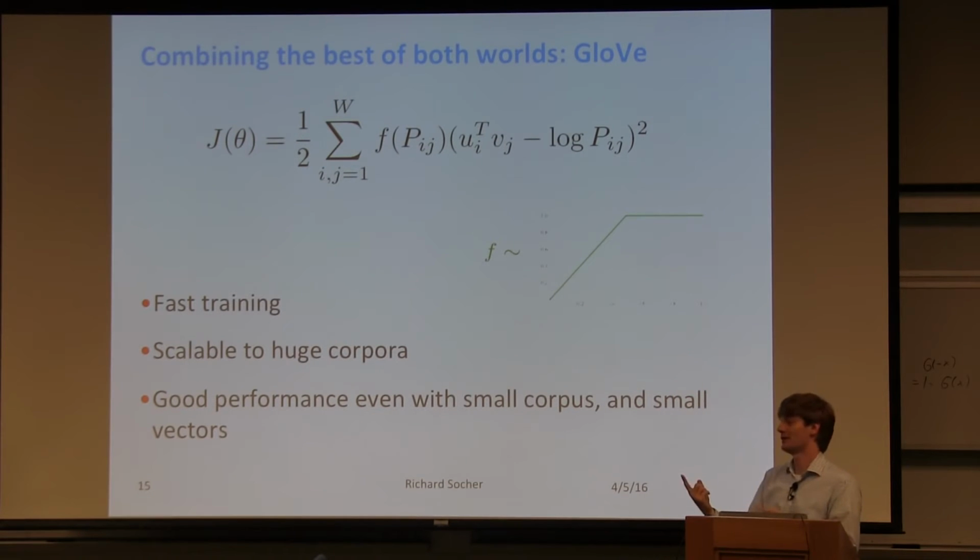In this model, you have to do that only once, because you already collected all the counts, and you're just going to minimize basically the distance between the inner product and some transformation of those co-occurrence counts, right? So it's a lot more efficient in that respect. You immediately go after the statistics instead of going after each sample once and hoping that eventually the statistics will fall out of the model. It's a great question.